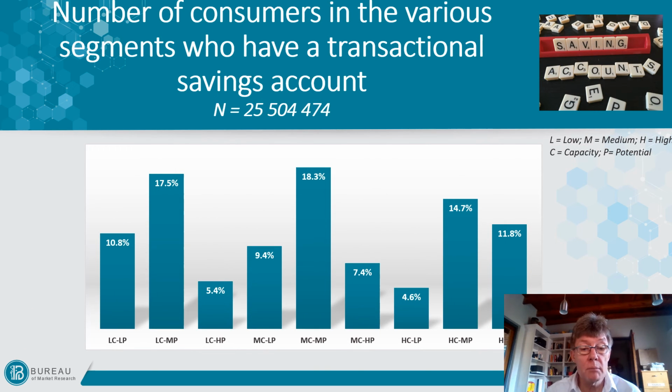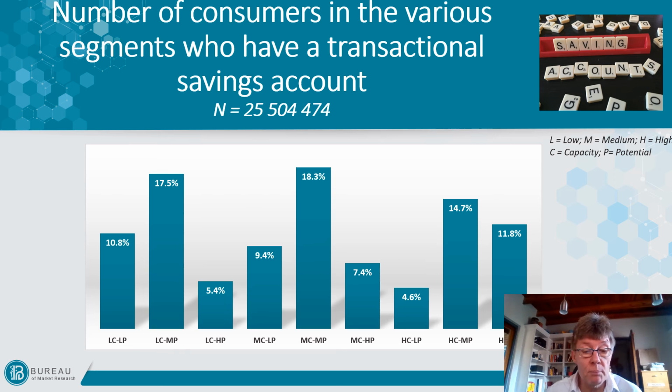When we look at the number of consumers in the various segments who have a transactional savings account, you'll find, for example, that right throughout the spectrum that transactional accounts are fairly high, and this is about 25 million of a total of about 43 million. So your penetration rates with respect to transactional accounts are very high.